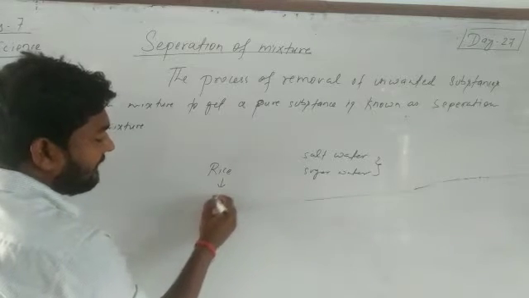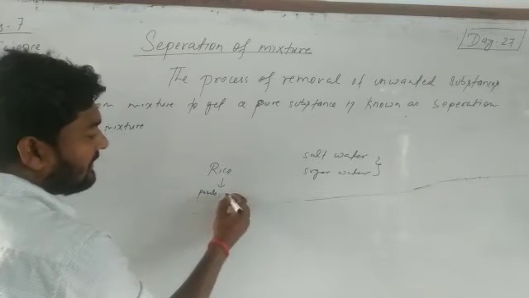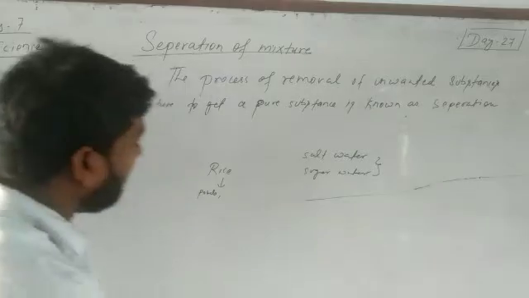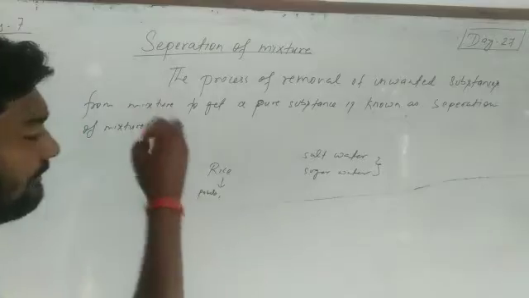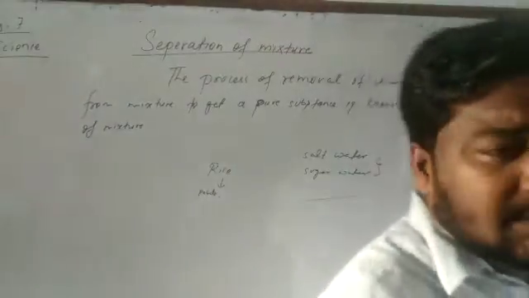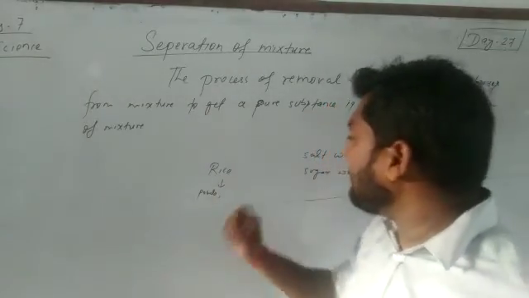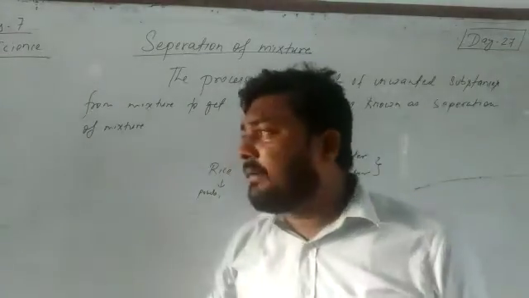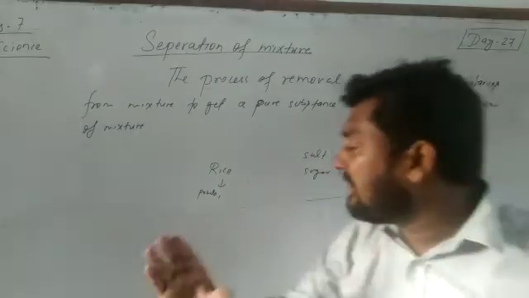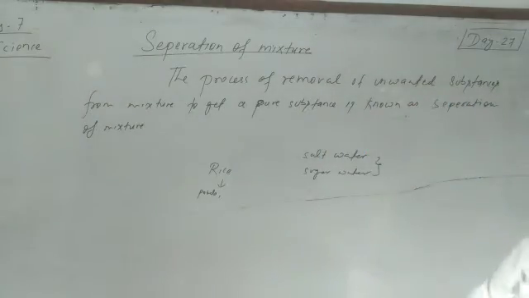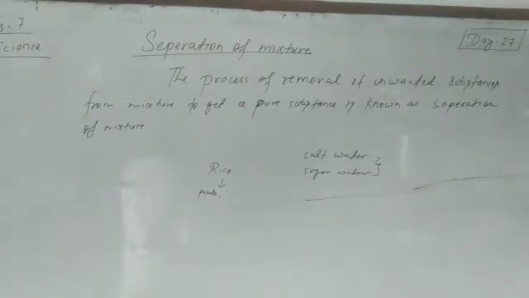What are mixed in rice? Pebbles, starch, and many things are mixed in the rice. To get pure rice, if you separate the pebbles and everything else mixed in the rice, and we get pure rice, that is called separation of mixture. In this way you can understand.